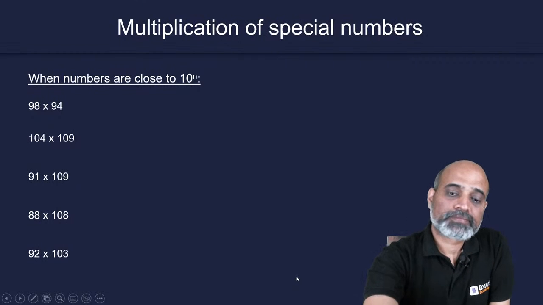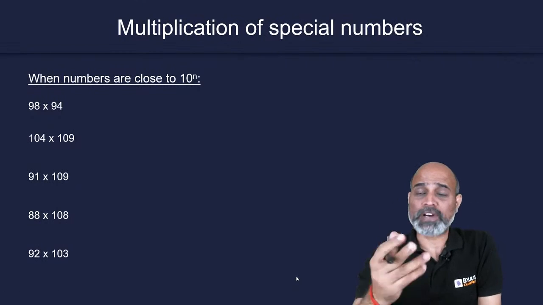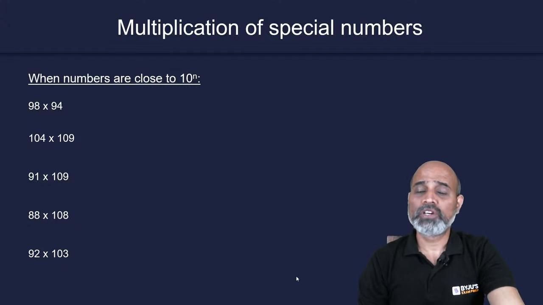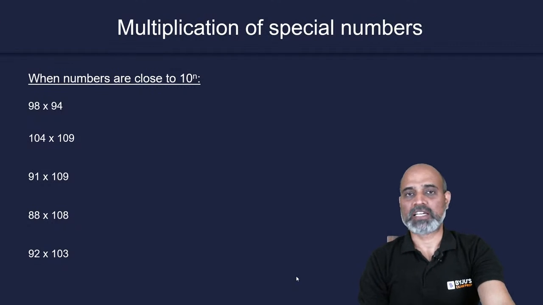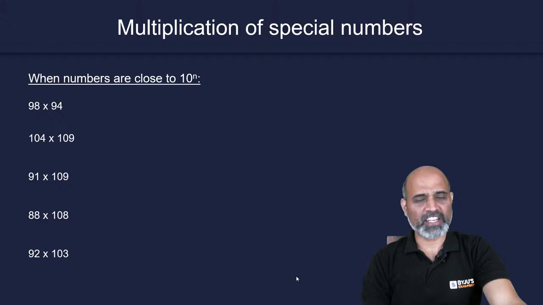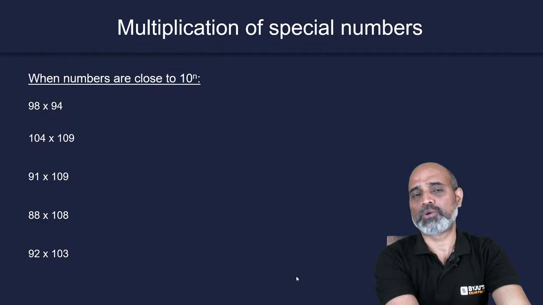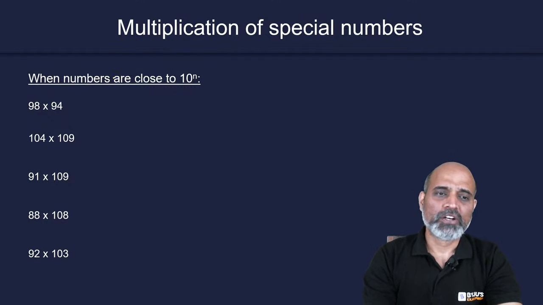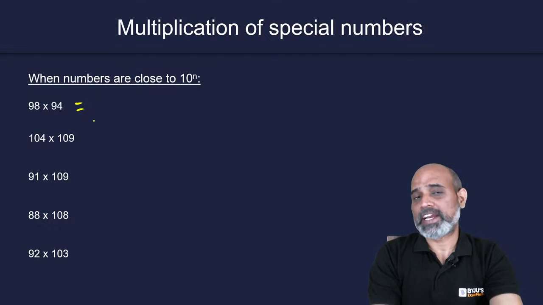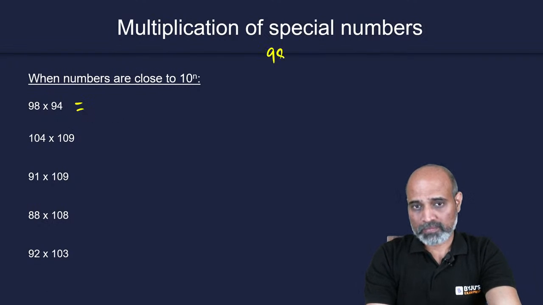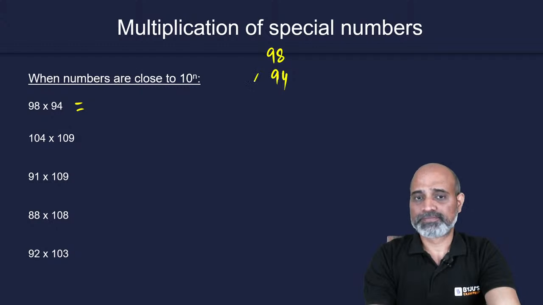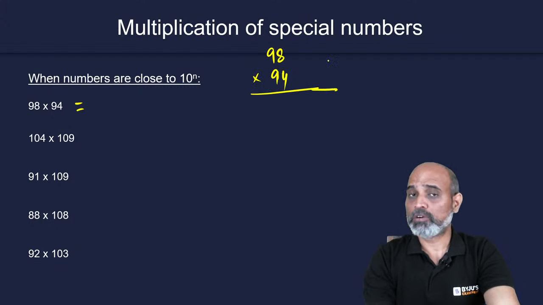Okay, how do we solve when we have values like these, numbers that are close to 10 to the power something, as in 10k close, 100k close, 1000k close and so on. So how do we do that? So 98 into 94 करना है. So what you do is, ठीक है, अभी मैं लिख रहा हूं, but this thing you have to do in your mind.